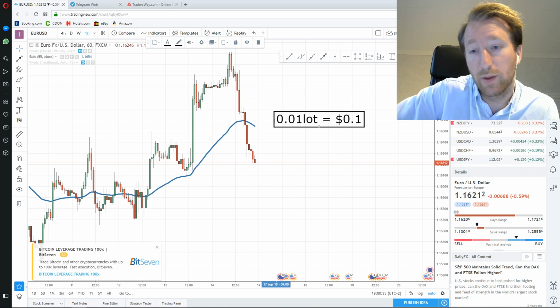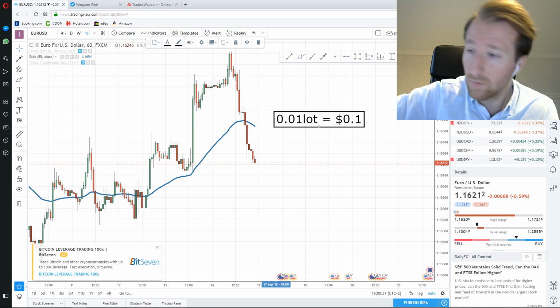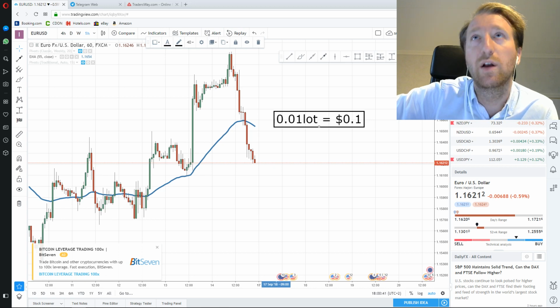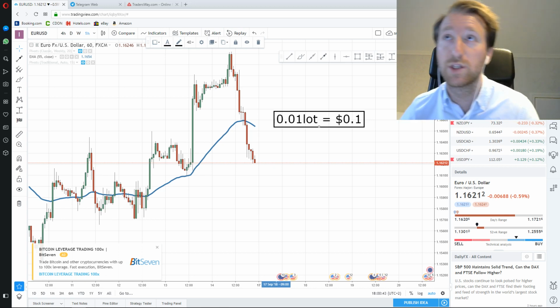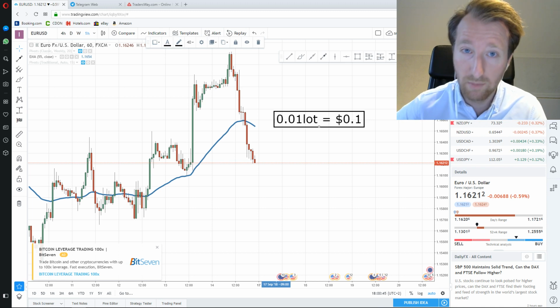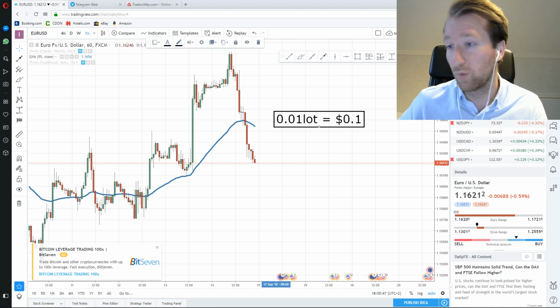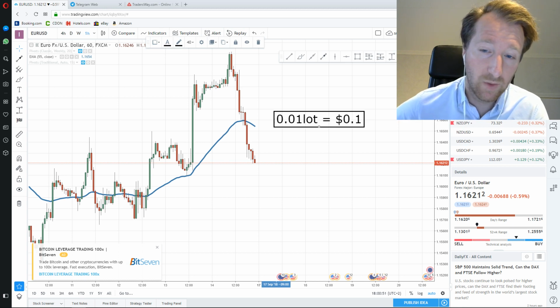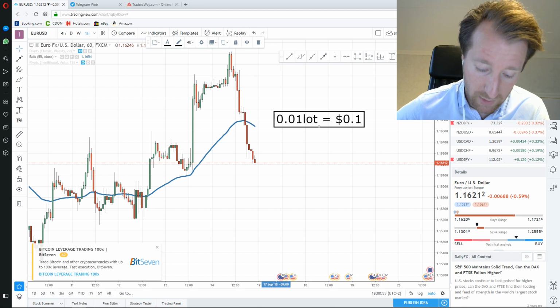Then you come out with, okay, fine. You can also calculate what your lot size should be. It will tell you, depending also on the equity in your account. So how to not get a margin call? One, manage your risk, as I said.